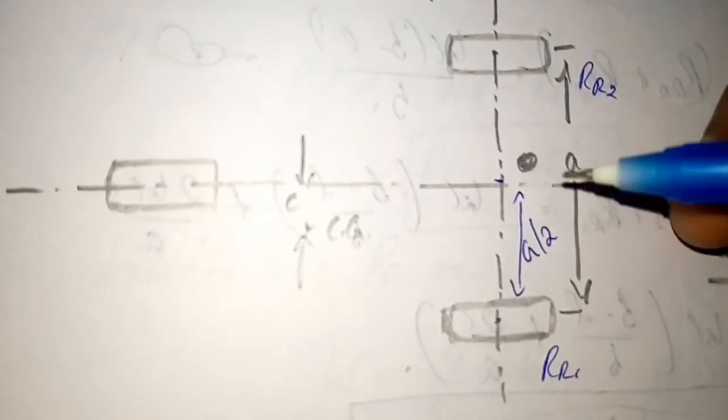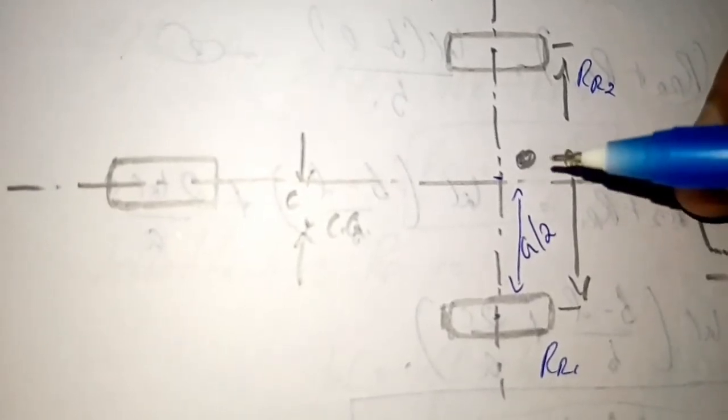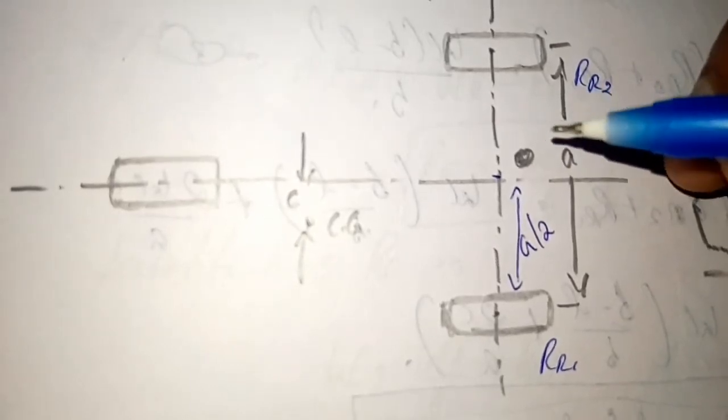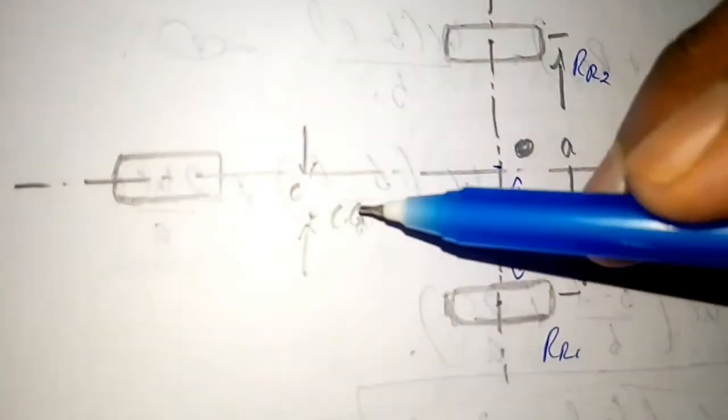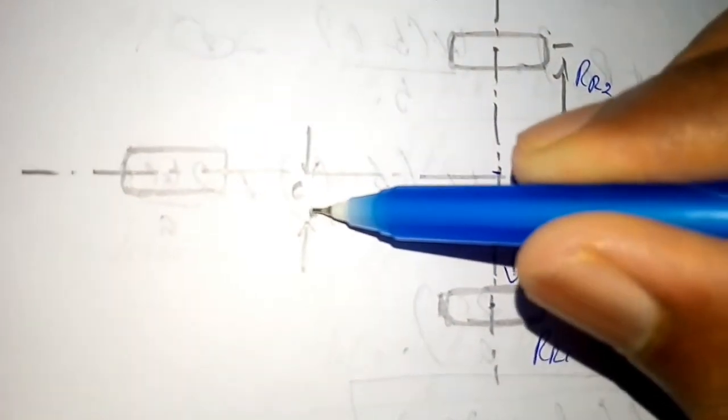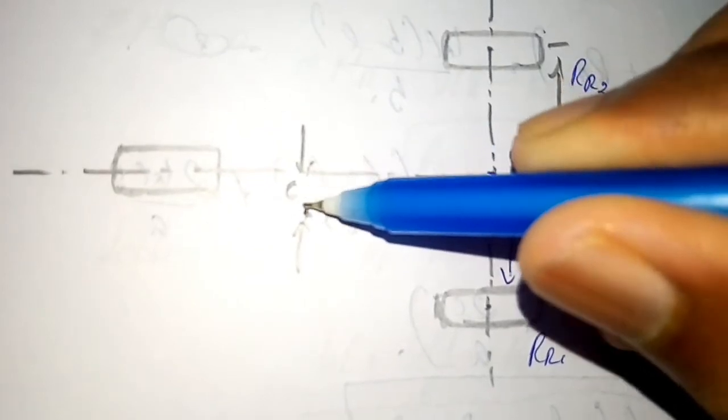The RR2 will make a counterclockwise moment in the opposite direction. So it is RR1 minus RR2 into A by 2, because A by 2 is common here, and there is an additional moment made by the weight, because the weight is acting through the center of gravity and it is at an offset c.